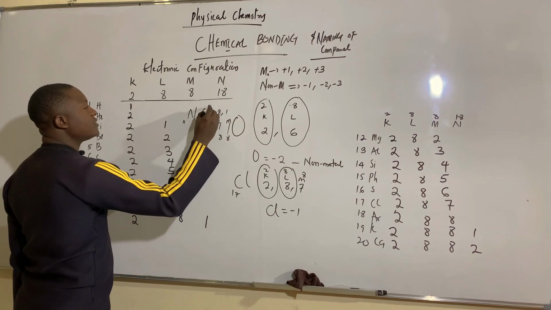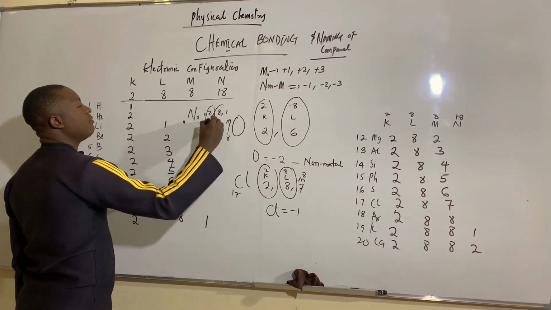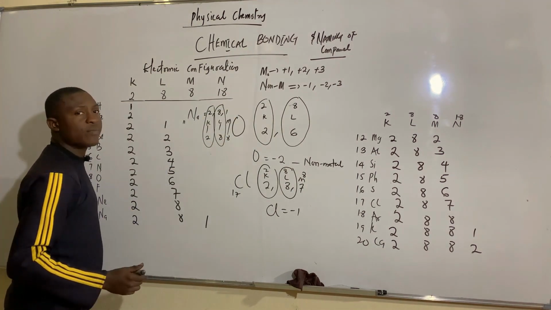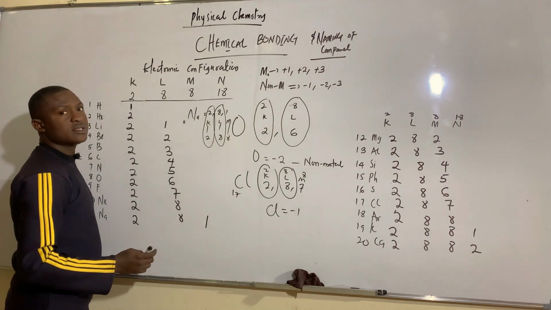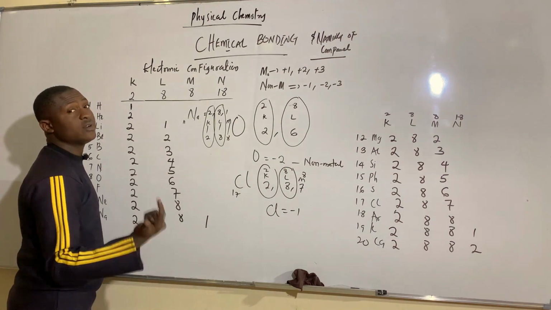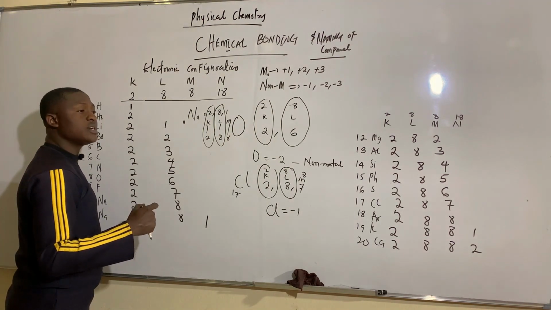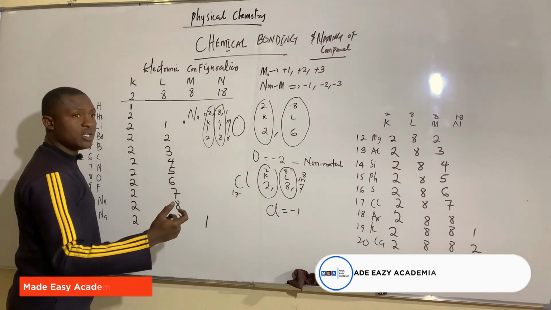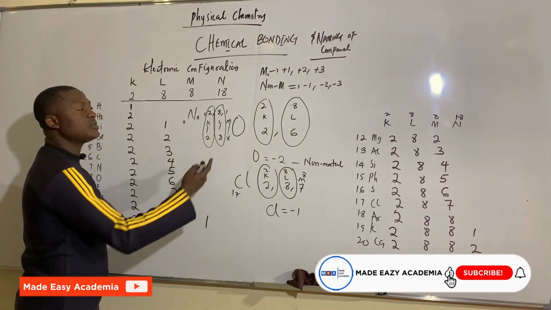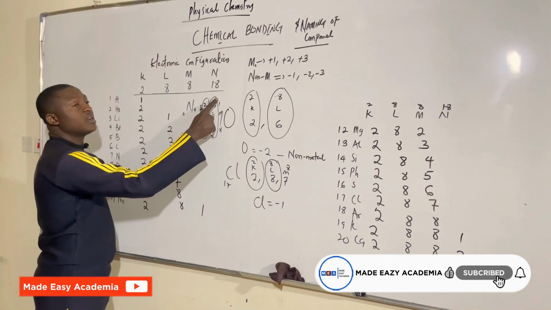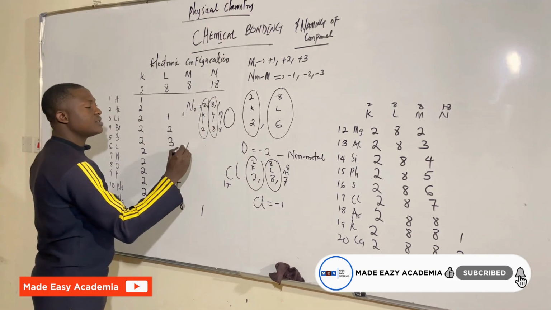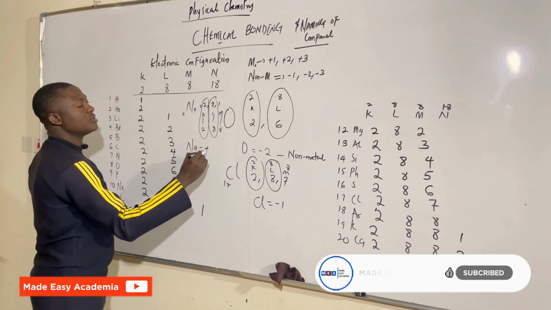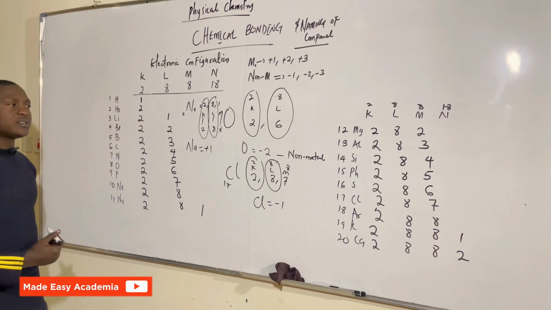So it balanced the first shell, balanced the second shell. But the third shell, is it balanced? It is what to balance? 7. Can it receive 7 electrons? Recall we said they can only receive 1, 2, 3. They can only give out 1, 2, or 3. So it cannot receive 7 electrons. It can give out the 1 it has. So if it gives out the 1 it has, which means sodium is +1. So that's a metal as well.